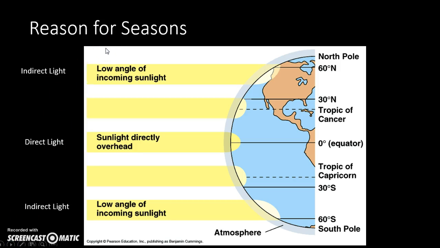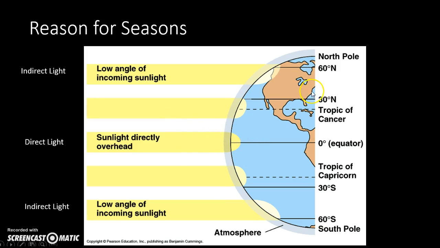Okay, so first thing we have to talk about when we talk about seasons is how the sun hits the Earth. And it's different depending on where you are. So if we look at the equator, which is here, you'll notice that the sun is more directly overhead. That's called direct light. That's because technically the equator is closer to the sun.